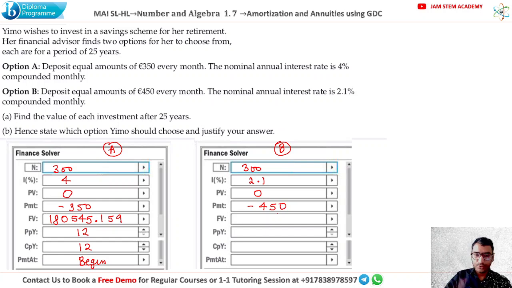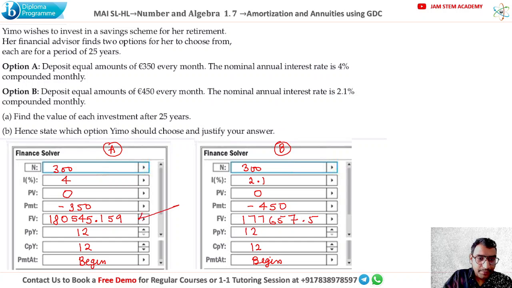Keeping the future value blank, payments per year 12, compounding per year 12, payment is made at the beginning. Go back to future value and hit enter. This time you will get 177,657.5 something.